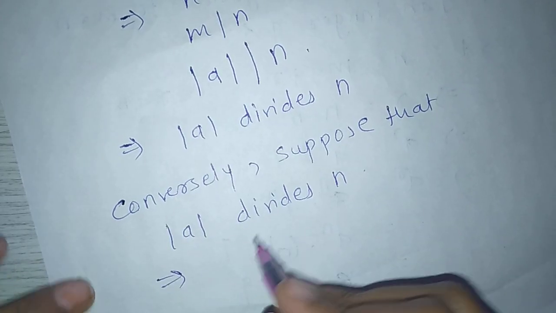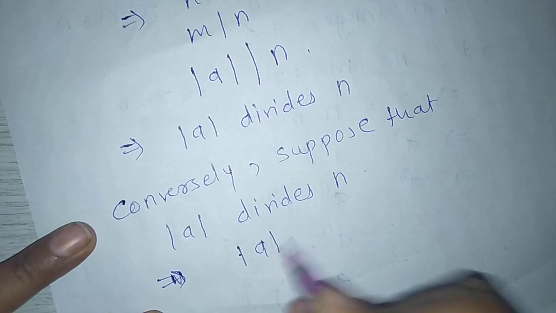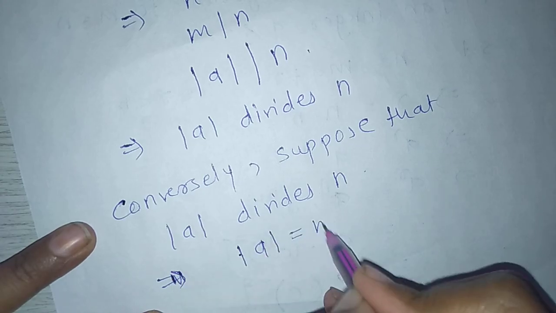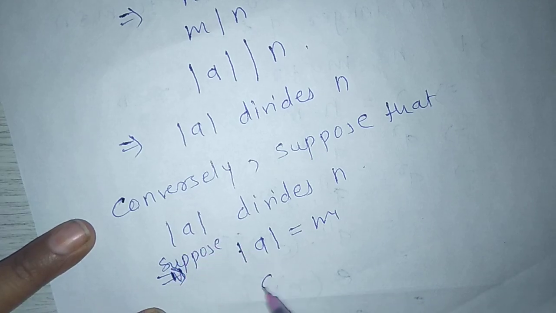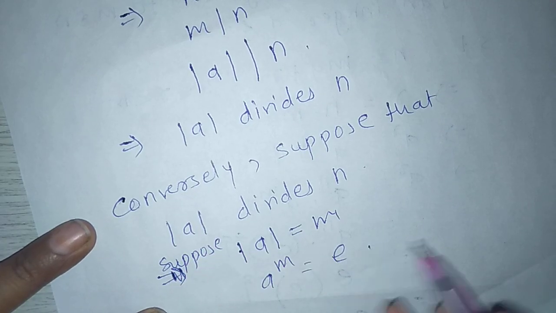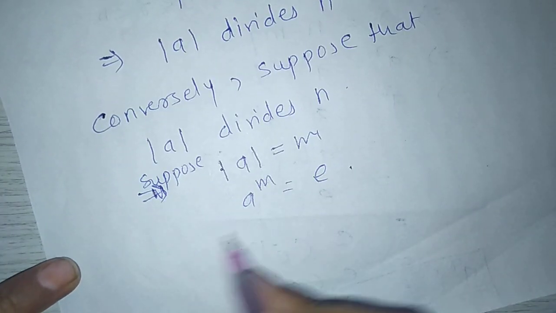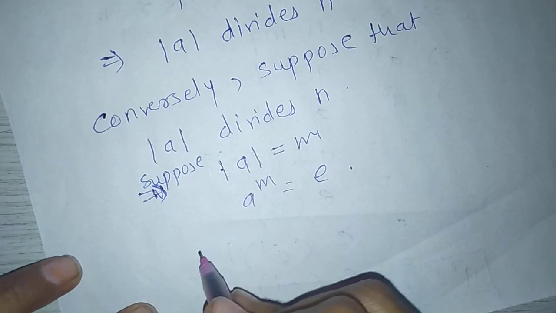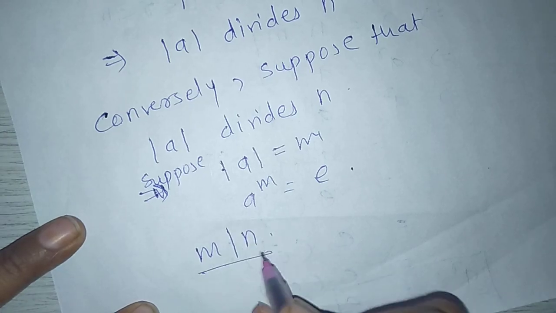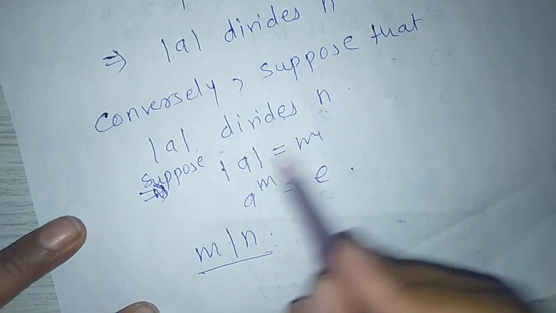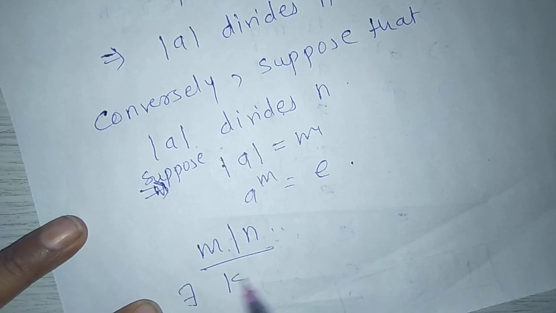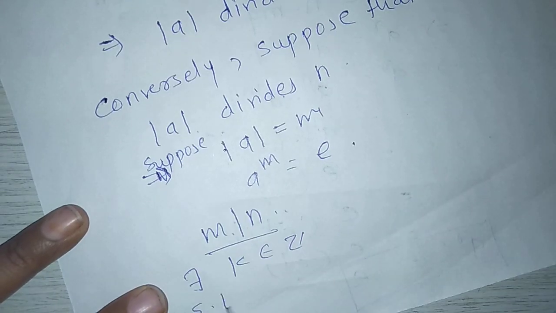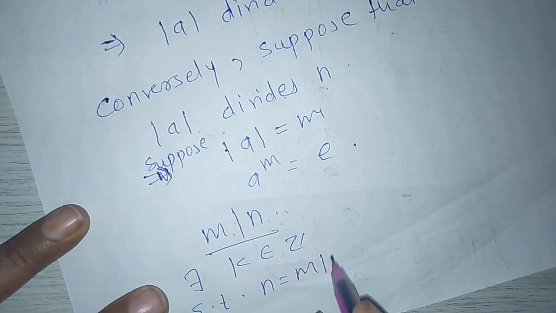Suppose the order of a equals m, which means a raised to m equals identity. The order of a divides n means m divides n, which means there exists an integer k such that n equals mk.